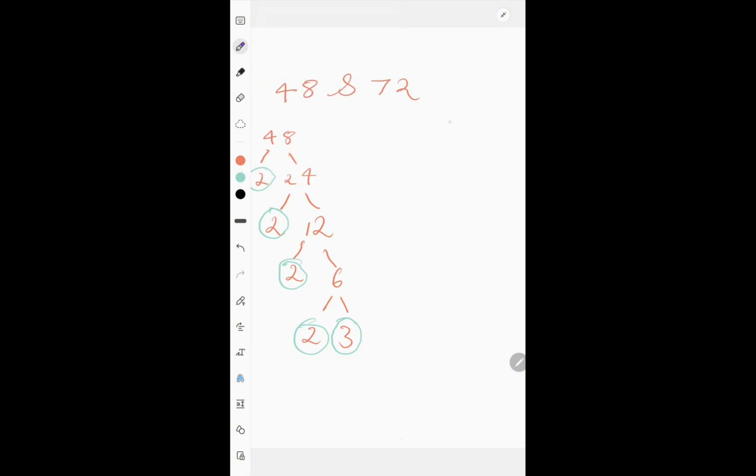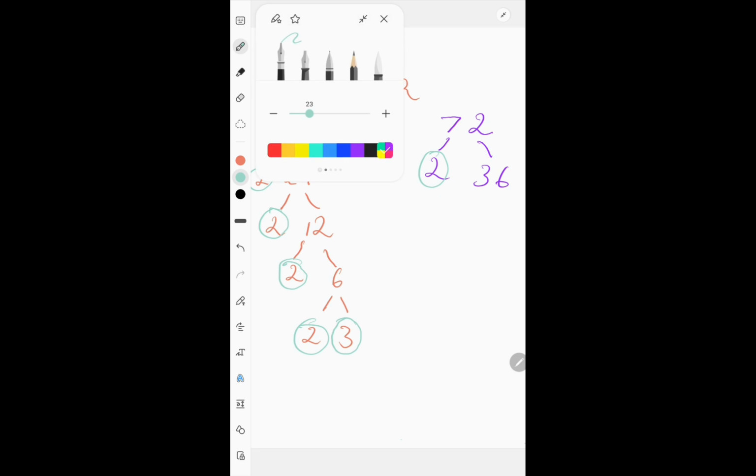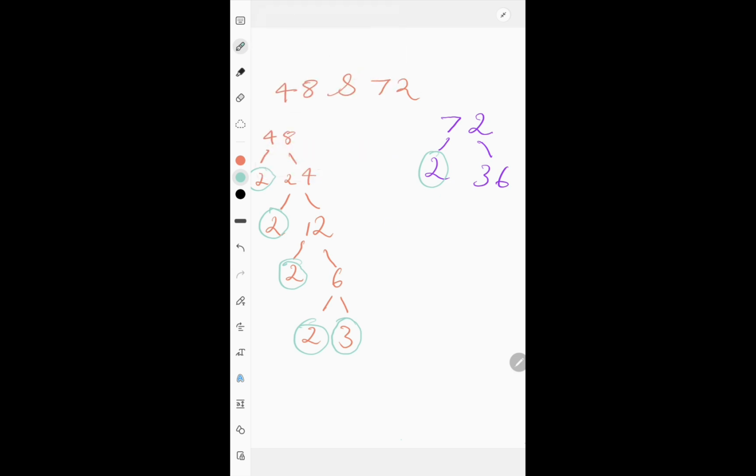Now we need the prime factorization of 72. Let's start with the factors of 2 and 36. 2 times 36 equals 72, so they are factors. 2 is prime, so we are done here. 36 we can break down. 2 times 18 equals 36, so 2 and 18 are factors. 2 is prime, so we are done there. 18 we can break down. 2 times 9 equals 18, so 2 and 9 are factors. 2 is prime, so we are done there, but we can break 9 down further. 3 times 3 equals 9, so 3 is a factor of 9. 3 is prime, so we are done there and there.